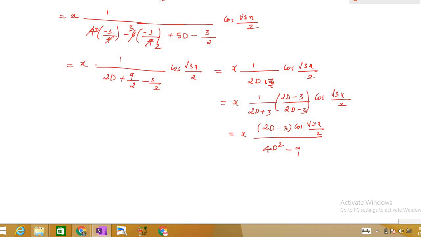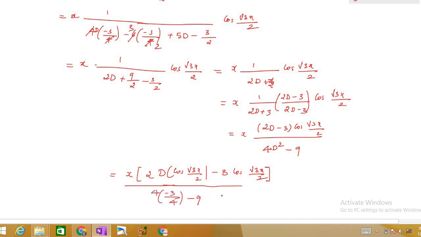So again you have to replace D square with minus 3 by 4. So this will be x into 2D of cos root 3x by 2 minus 3 cos root 3x by 2 divided by 4 into D square, which is minus 3 by 4, minus 9.